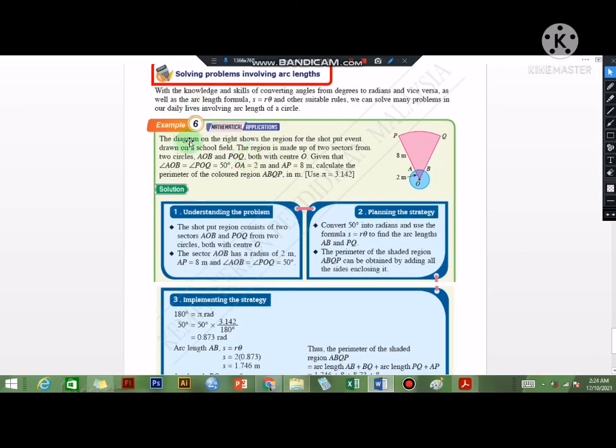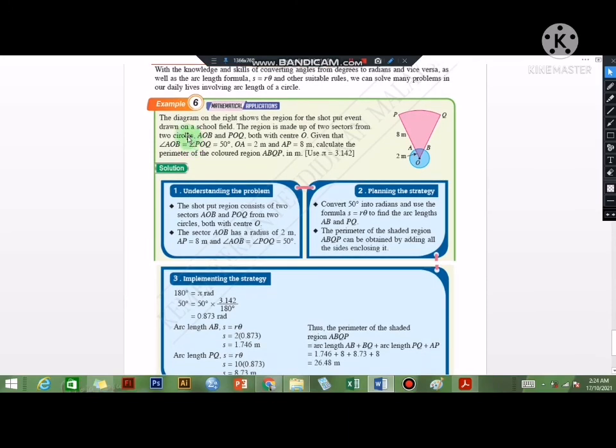Okay, let's look at example 6. The diagram on the right shows the regions of the shot put event drawn on a school field.